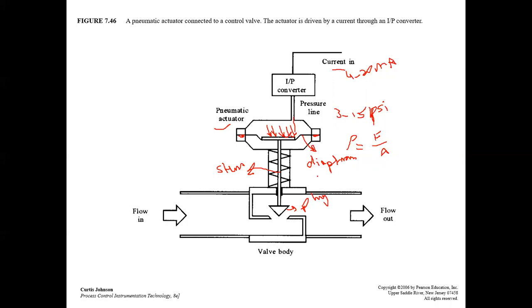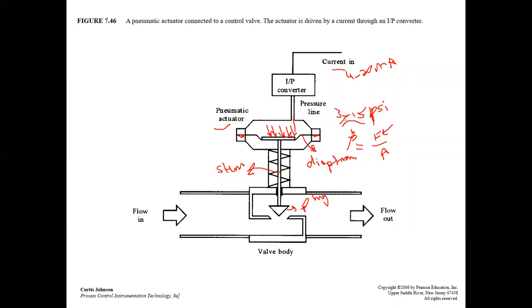So if we know the area of the diaphragm, and we know the pressure, because the pressure ranges from 3 to 15 psi, we can calculate the force. This force is applied here to push down the stem and the plug toward the seat.